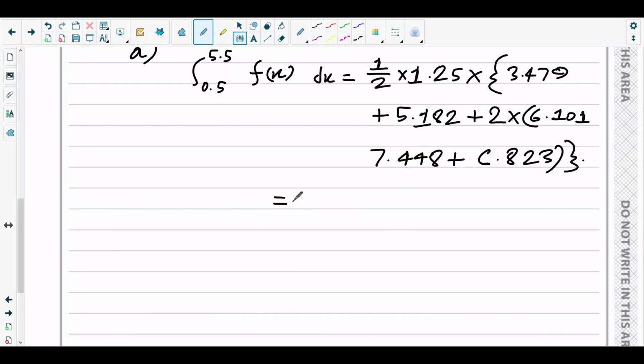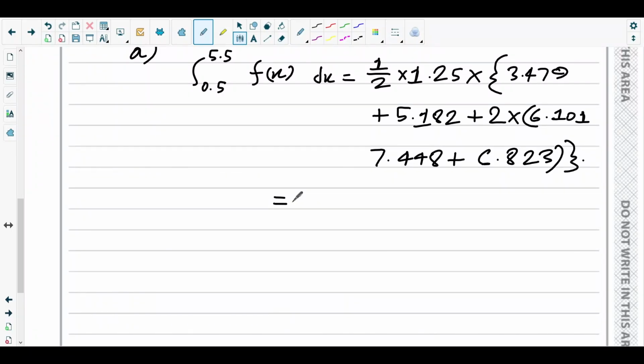Now you just use your calculator to find that value. So 6.101 plus 7.448 plus 6.823, times 2, plus 5.182 plus 3.479, times 0.5 times 1.25.